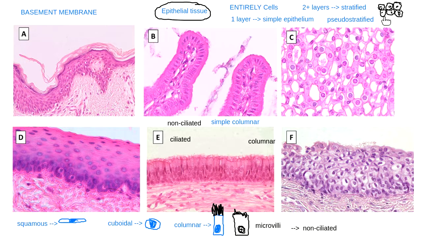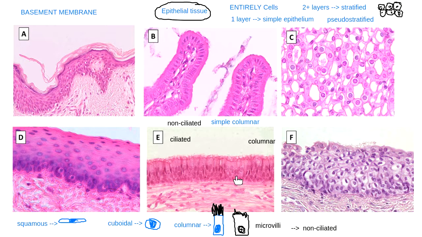The way that you can tell the layering pattern on cells is to look at their nuclei. So if we look at the nuclei and we see 2 distinct lines of cells or 10 distinct lines of cells, that's stratified epithelium. If we look at the nuclei in our cells, the dark spots in our cells, and they go nuts all over the place, so check out how these nuclei are all over the place. I don't have one line top and then an empty space and then another line down below.